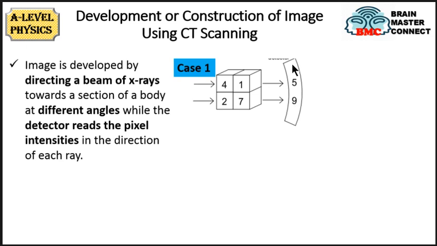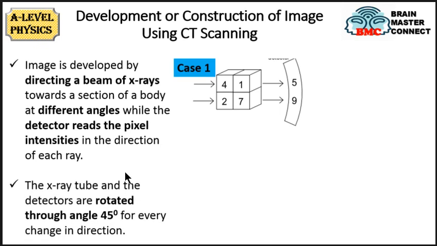Okay, so that's what I'm saying, that the detector, which is this, only reads the pixels on the Voxels. Another one is that the x-ray tube and the detectors are rotated through angle 45 degrees for every change in direction.